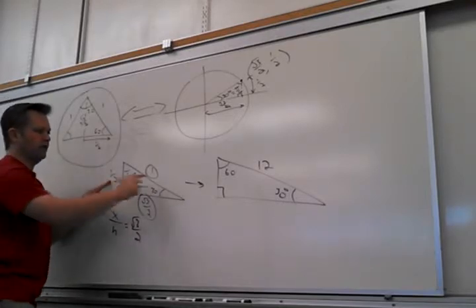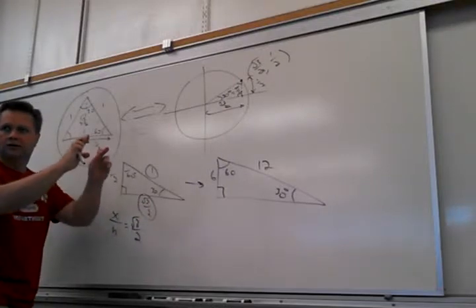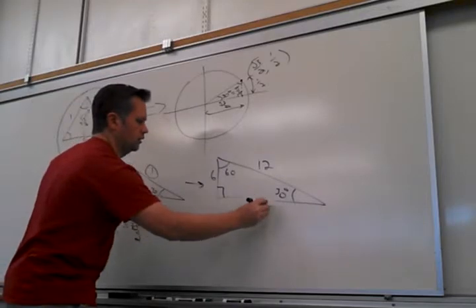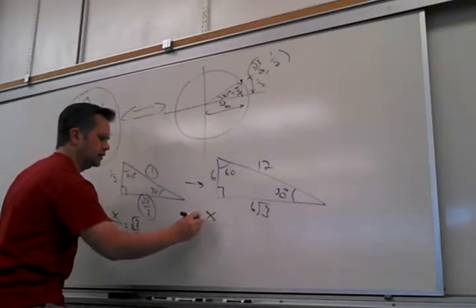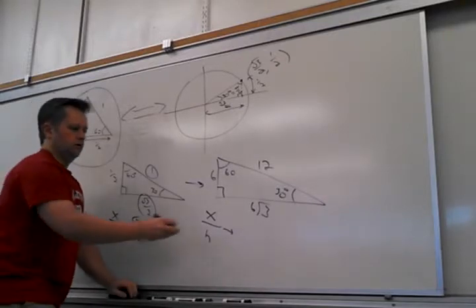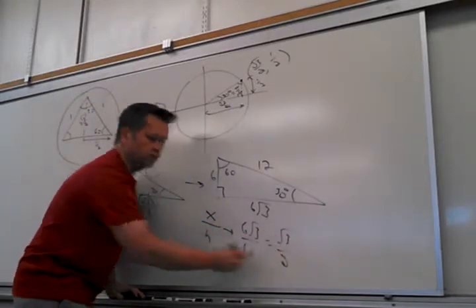So this is not 1/2 anymore, it's 6. And this is not root 3 over 2 anymore, it's 12 times this, so 6 root 3. What's the ratio of the x side to the hypotenuse? It'll be 6 root 3 over 12, which is root 3 over 2.